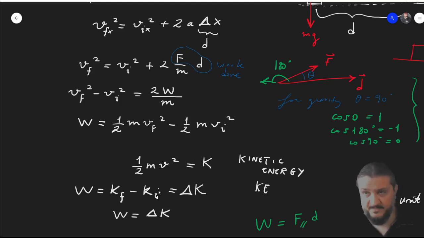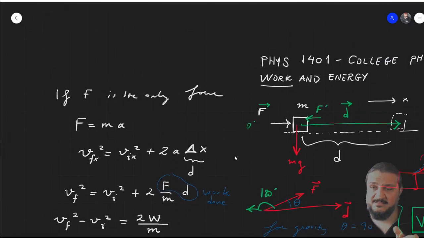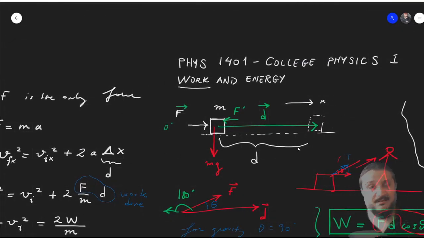But, okay, there's an important factor here. When we derived this formula, remember, we used a very simple case, the original problem of pushing an object horizontally. Now, what would happen if we had other forces, friction present, or maybe 3 people pushing it at the same time at different angles?